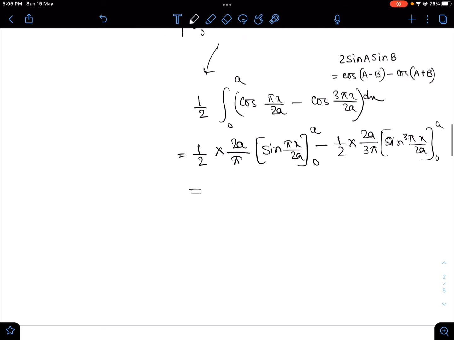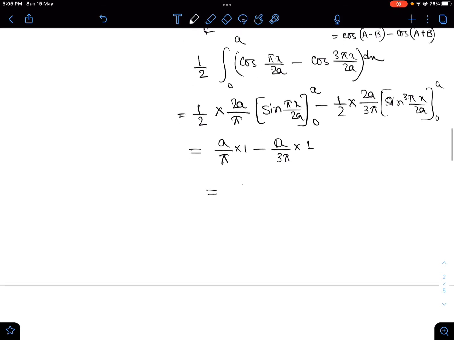So for the first term we will get a by pi, and here if we put x equal to a, so it will be sine pi by 2, that means 1. And for the second term a by 3 pi, and this is like sine 3 pi by 2, so it will give us 1 again. So what we are getting, 2a by 3 pi.